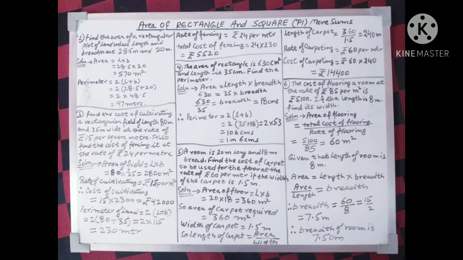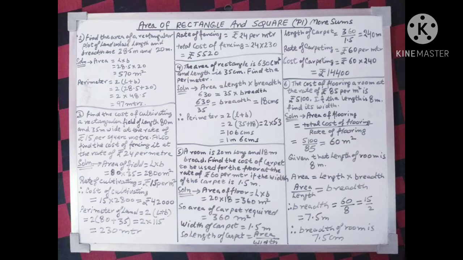The area of a rectangle is 630 centimeter square and its length is 35 centimeter. Find the perimeter of the rectangle, right? So in this question we are given the area actually, right? We are given area is equal to 630 centimeter square and length is equal to 35 centimeter.